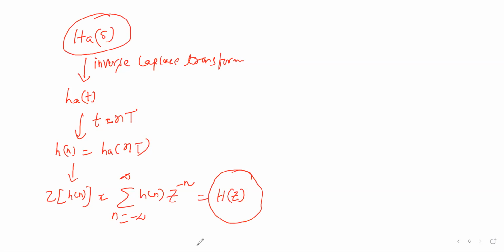This is the process for the impulse invariant technique. But in this method, one problem is there. This is the method of how to find it, but one disadvantage is there. The disadvantage is that this is not a one-to-one mapping.